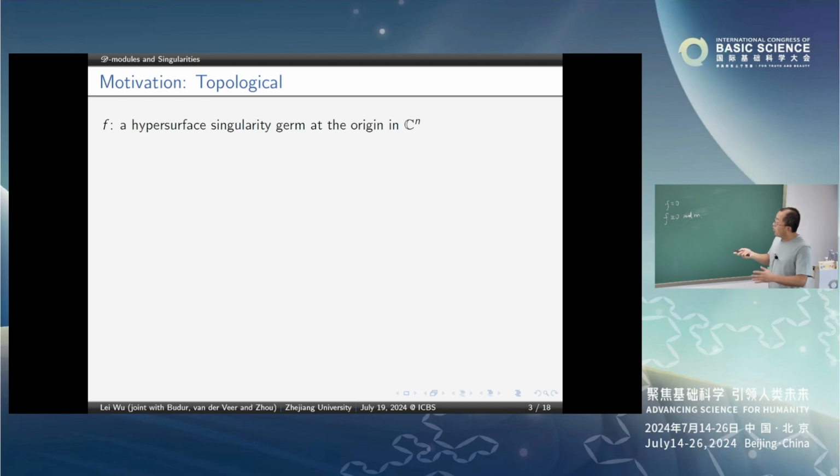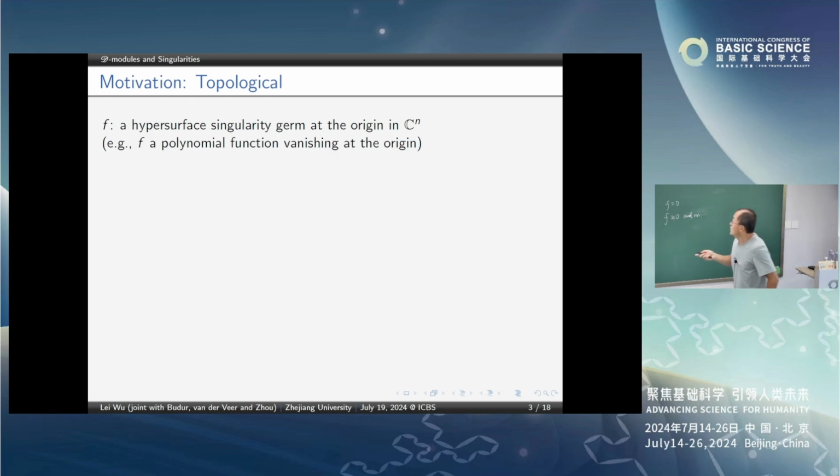So suppose now we have a hypersurface singularity, but we are going to fix a point, so we are looking at the germ. For example, f is a polynomial function vanishing at the origin, and we consider the inverse image of some t intersected with some ball.